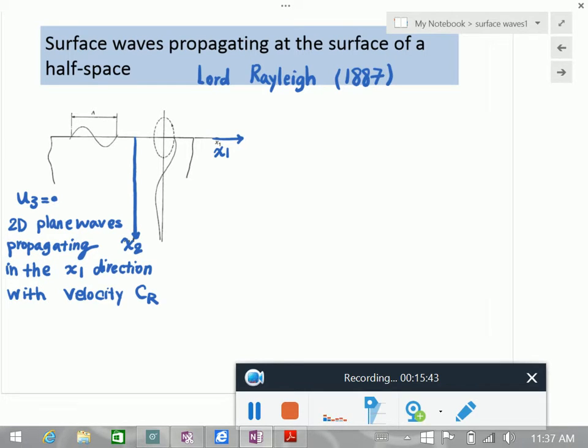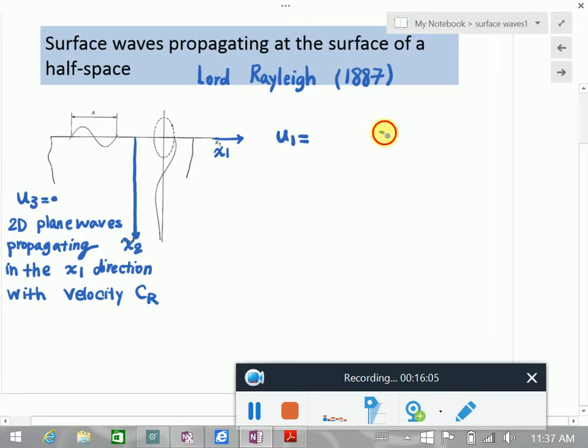General equation of a wave propagating in the x1 direction using wave number and velocity. So velocity is C_R, wave number is K. What does it look like? Write it down. I just want you to see that you know all of this right now.